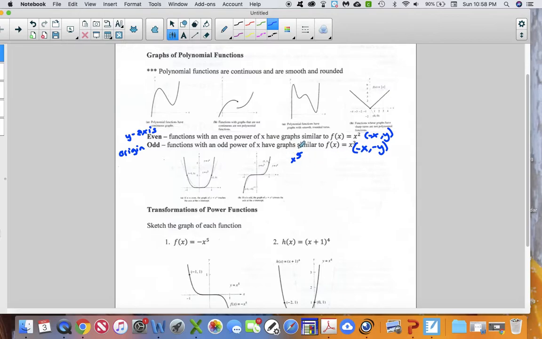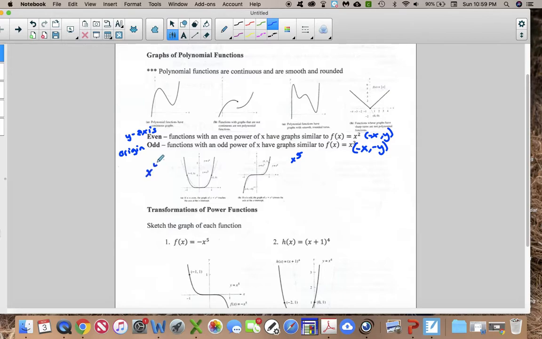But if it is just the parent function x to the fifth power, that guy is going to look really similar to x to the third power, but he's going to be really flat in the middle, like really super flat. If it is x to the fourth power, I have kind of been lying to you there as well: it is not a w.